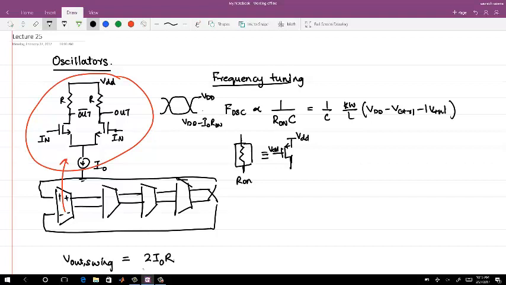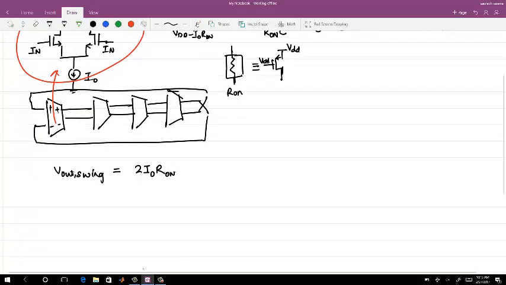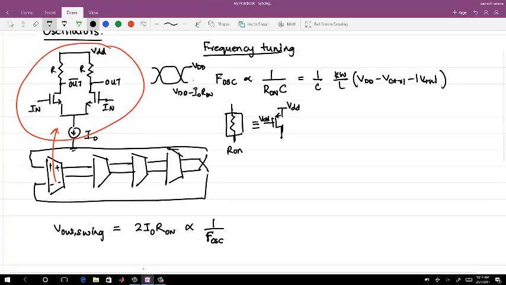So this is single-ended swing, and the differential is I naught times R on. F oscillator is inversely proportional to R on, so this output swing is inversely proportional to the frequency of oscillation.